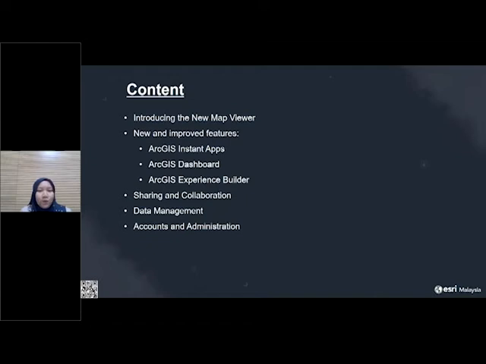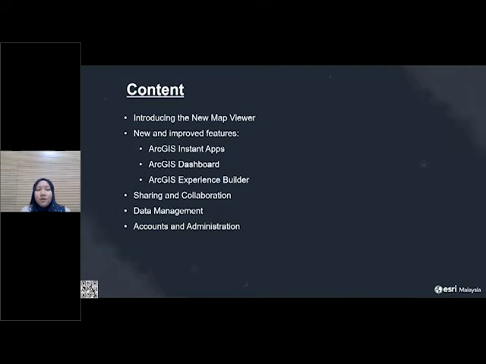The first one I'm going to introduce is the new version of the map viewer. What are the capabilities and what are the feature updates in this latest release? Then we're going to see the new and improved features of the applications in ArcGIS Online.